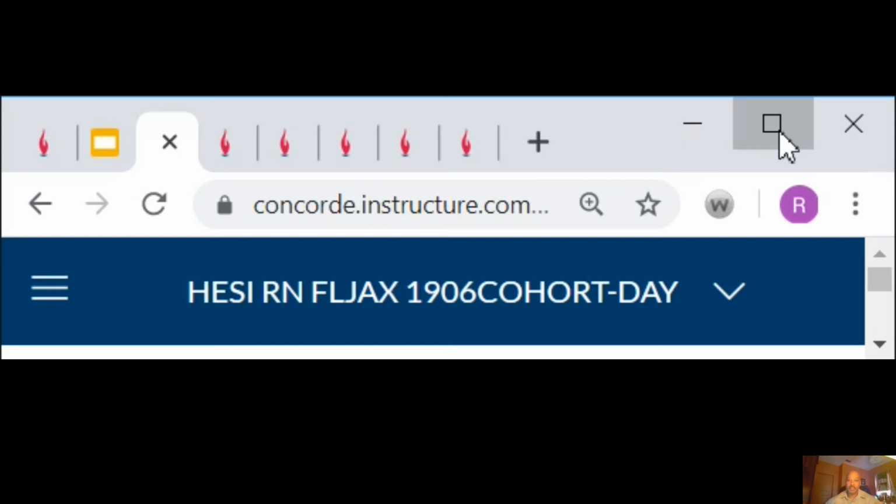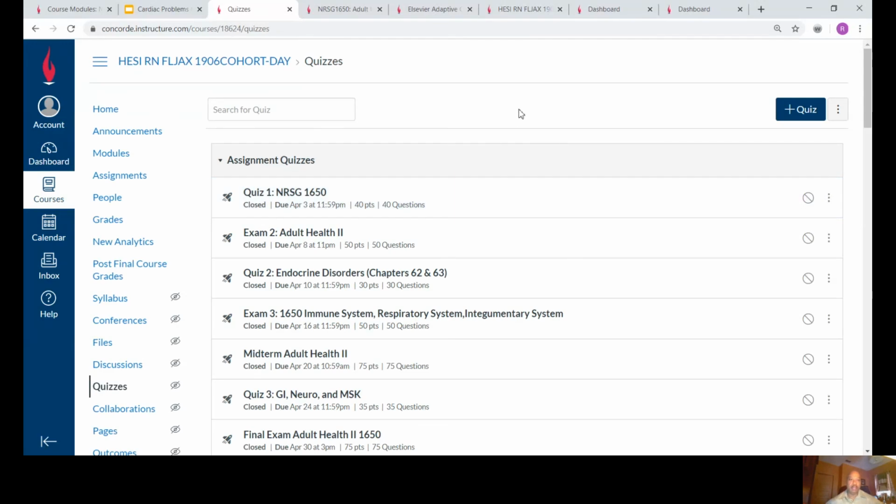So your quizzes and exams are under the cohort tile, 1906 cohort tile. Once you click into the cohort tile, just go ahead and click on quizzes. You cannot see these now because I have not published them.